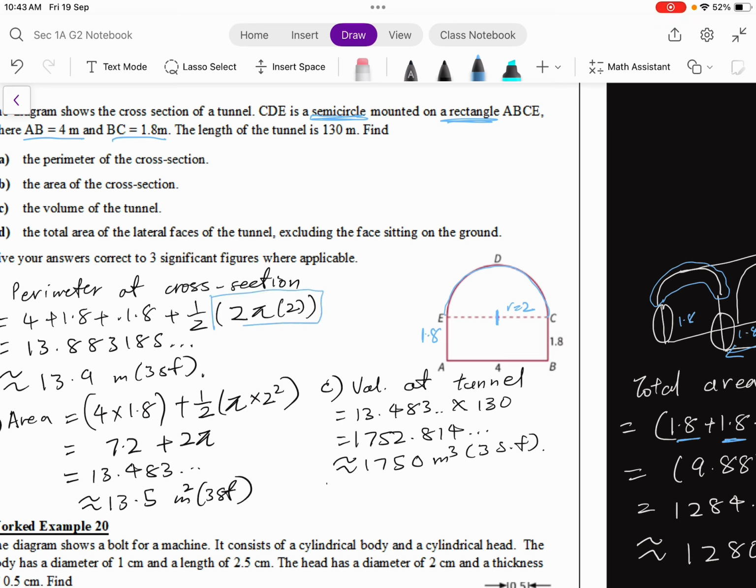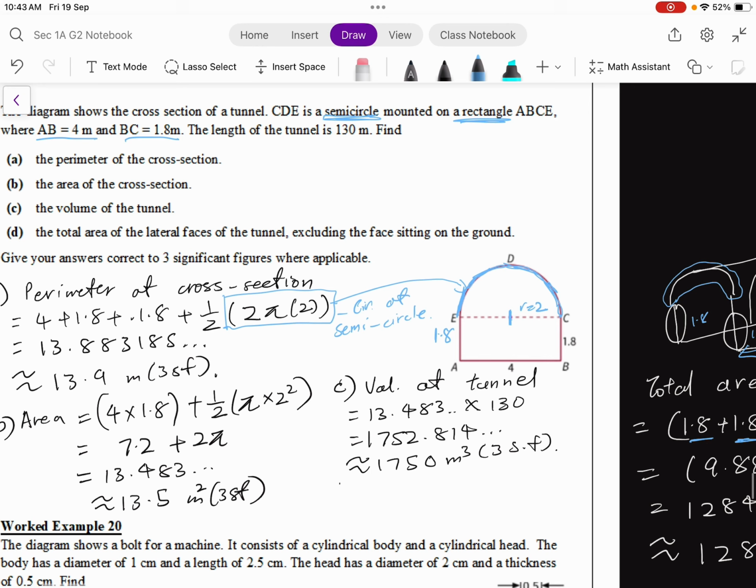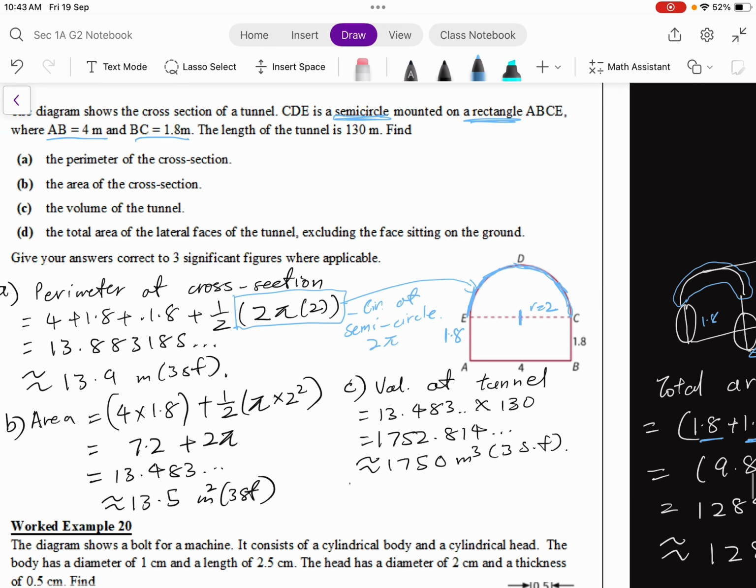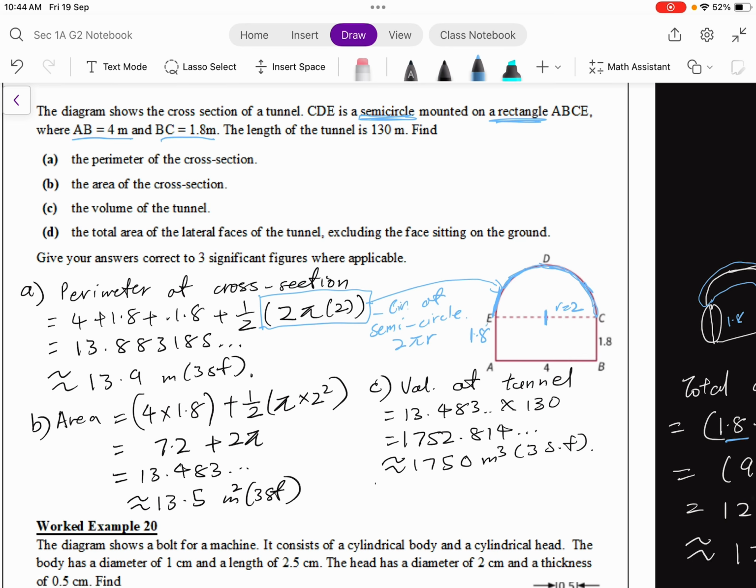So this blue line is the circumference of the semicircle, which is 2 pi r, so half of that. To find the perimeter, I add here, here, here. So this is the other three lengths. Add them together, I get my answer, to 3 significant figures, because here is written 3 significant figures.